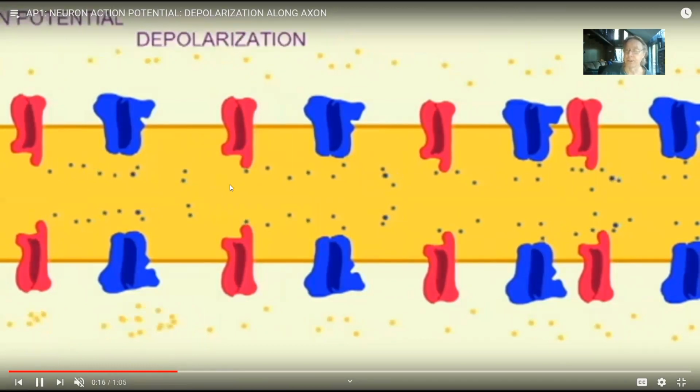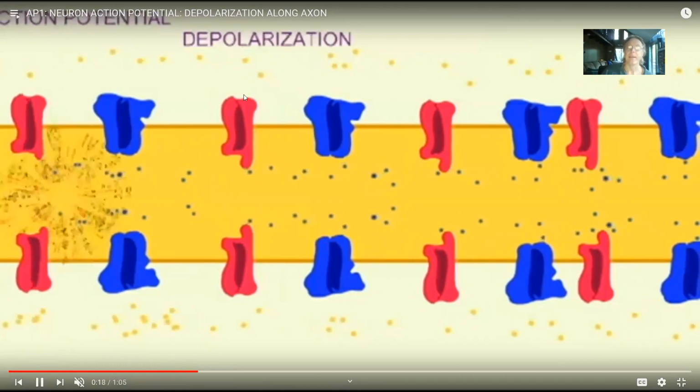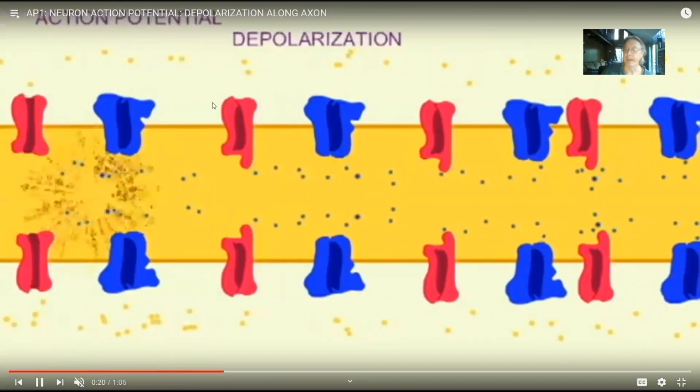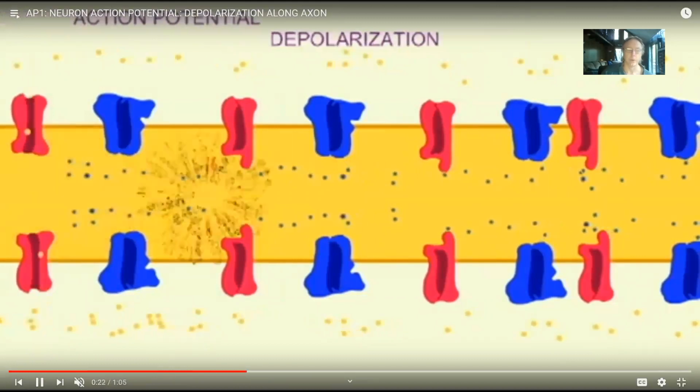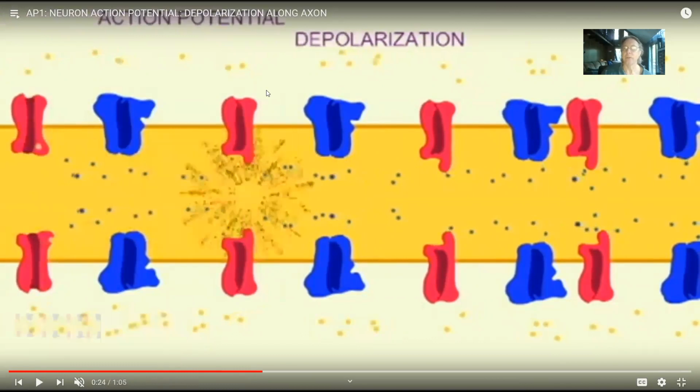This area then crossed the threshold voltage. That meant that here sodium came rushing in. Now, it's true that sodium will come rushing in. The membrane potential goes up to plus 30 millivolts. Then the potassium gates will open and the area will go back down to minus 70 millivolts.